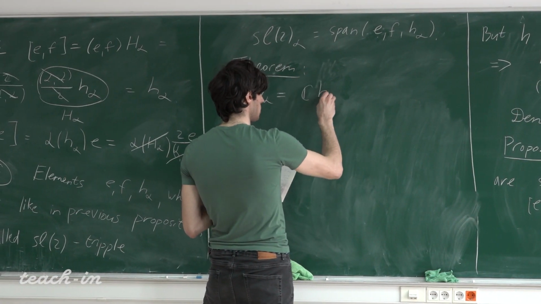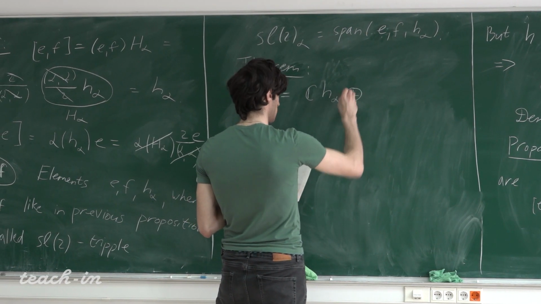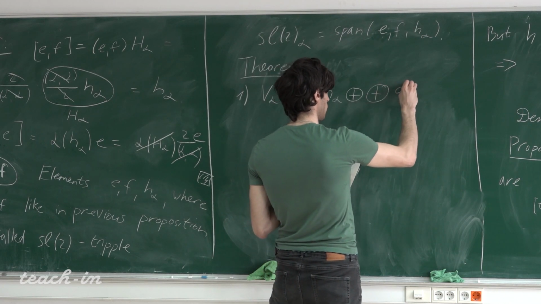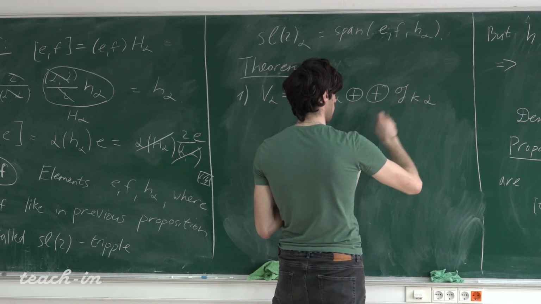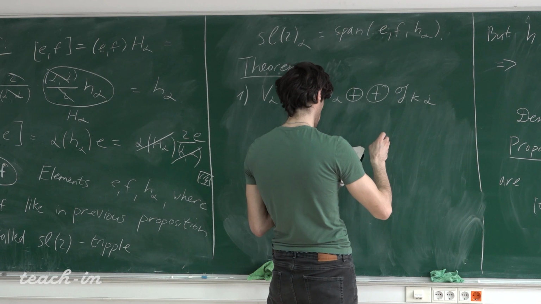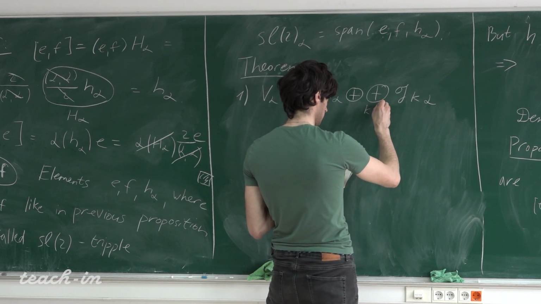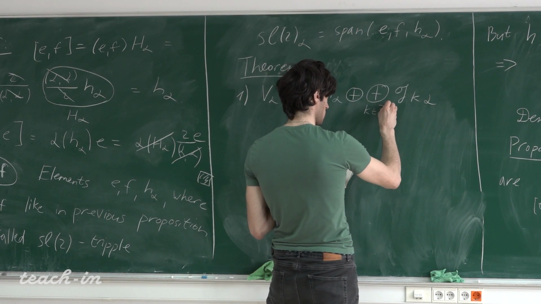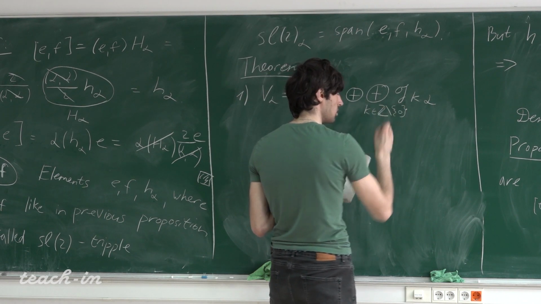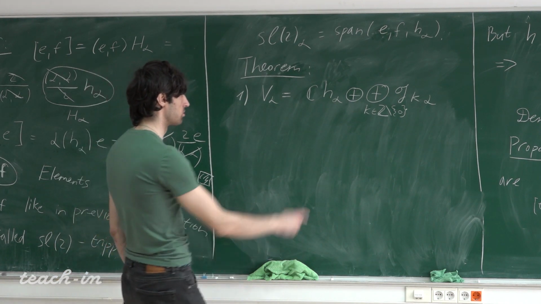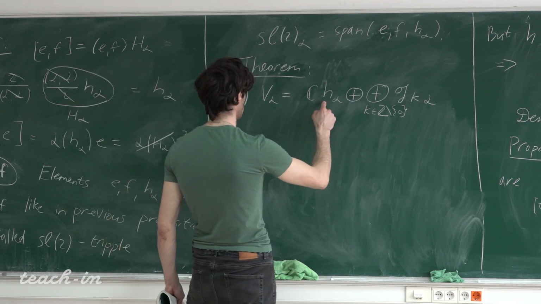It is C H alpha plus the direct sum of g K alpha as K runs over all integers, but without 0. Well, if K is 0, then we have already this term here.